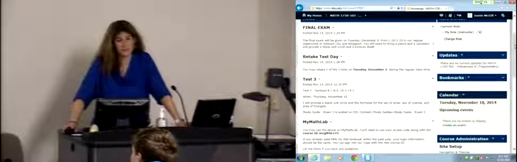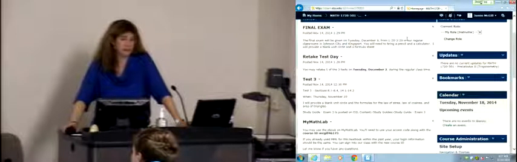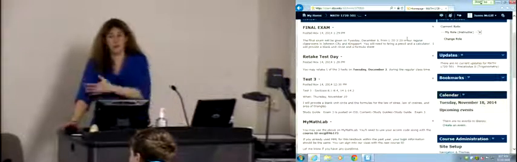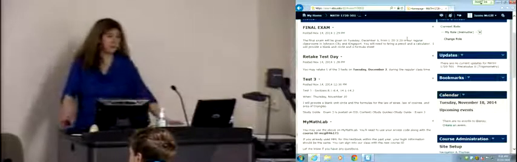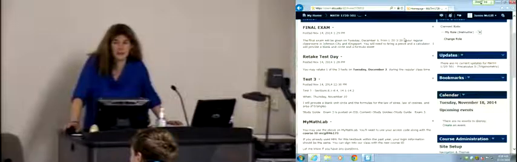The retake test day will be Tuesday, December 2nd, where you can take a test of your choice. Now, I plan to get that third test back to you next week before Thanksgiving break. Next week you all go to school Monday and Tuesday, here just Tuesday. So I'll have to have that back to you by next Tuesday so you can make a decision about what test you're taking on the retake day.